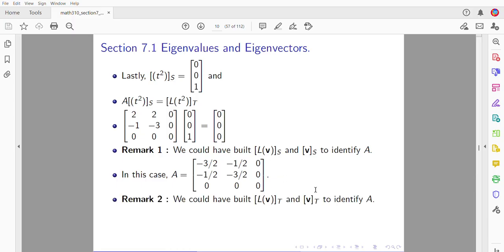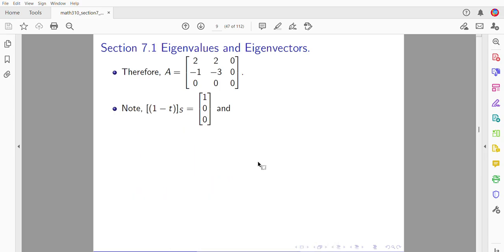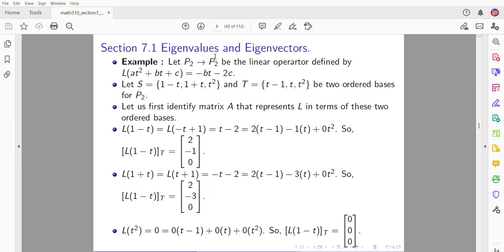You get a matrix A. Remember how you get the matrix A? First find L on each of these and use the basis on the right to find the coordinate vectors. Those coordinate vectors get you A.